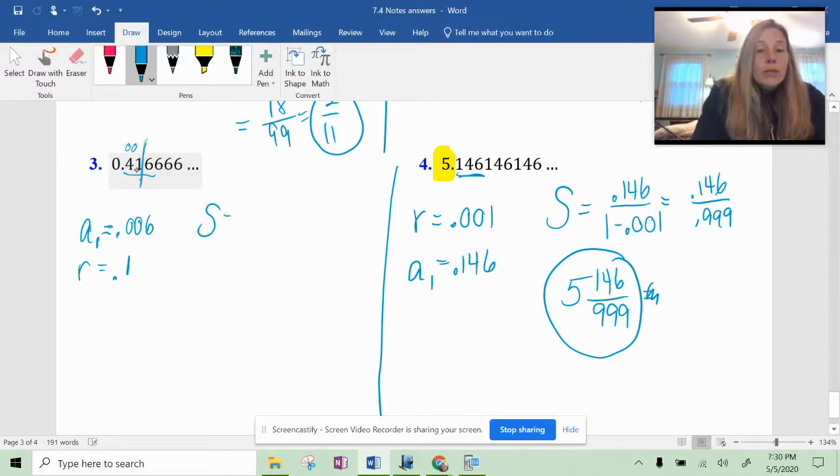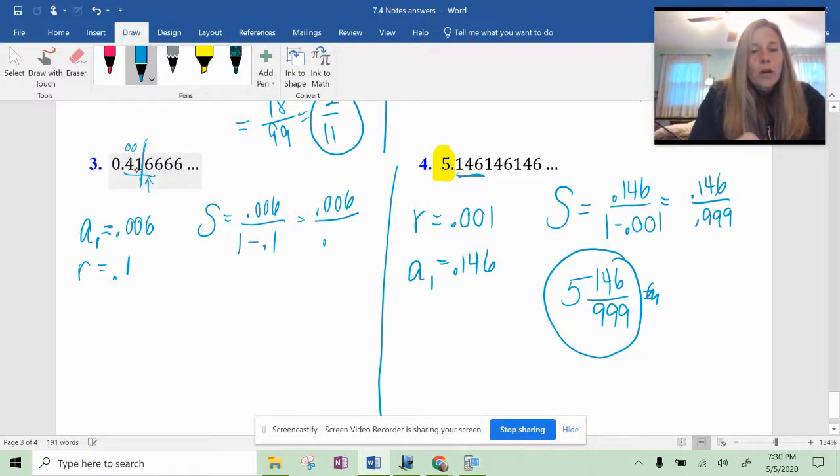So now we put it into that formula, right? We had to do this 0.006 here because it's the 6 that we're looking at, but it was the third number after the decimal. So you have 0.006 over 1 minus 0.1, so 0.006 over 0.9, and you could put zeros there if you need to. So now this is 6 over 900, which I believe reduces to 1 over 150.